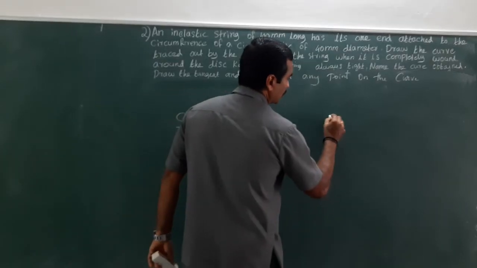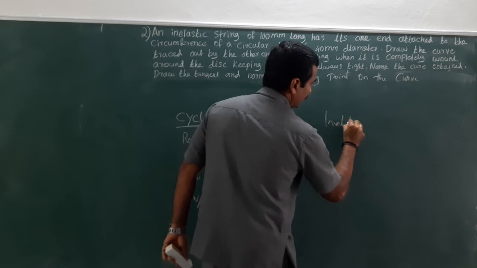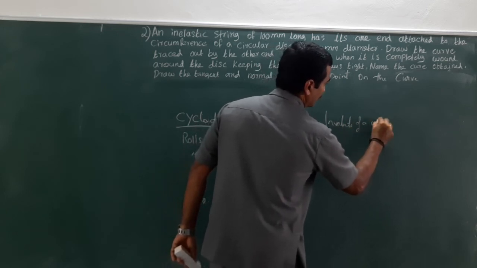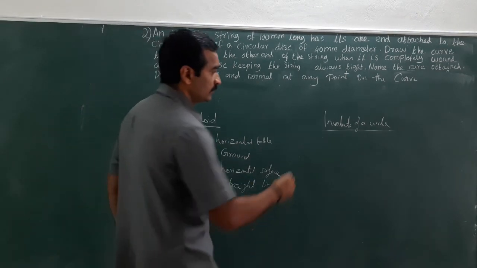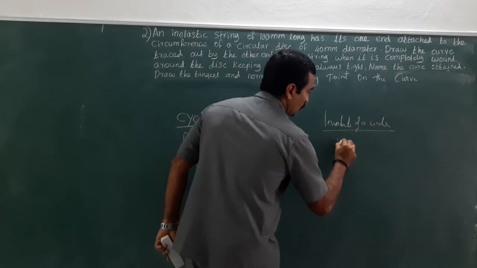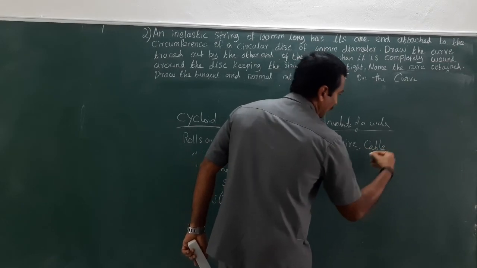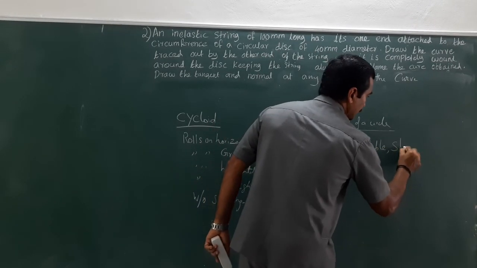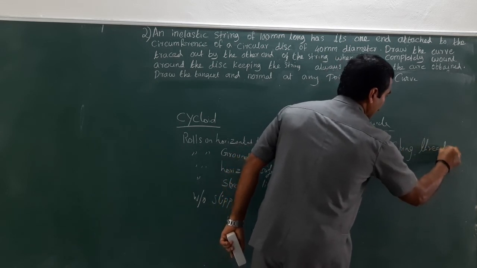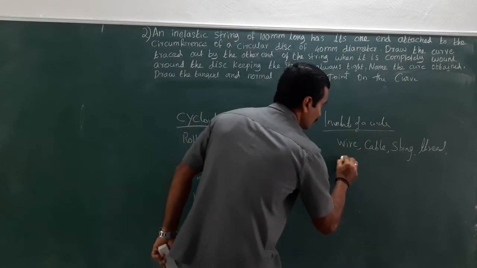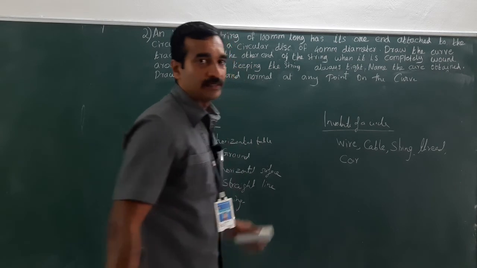Then what about involute of a circle? Here the words are wire, cable, string, thread, coil, right?